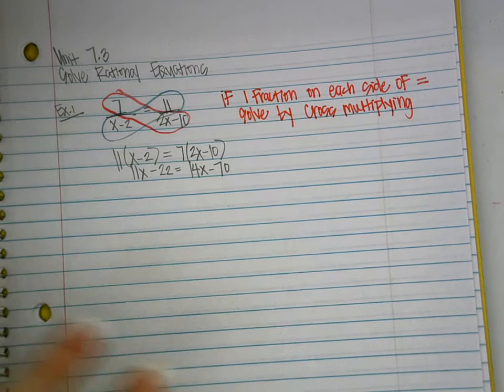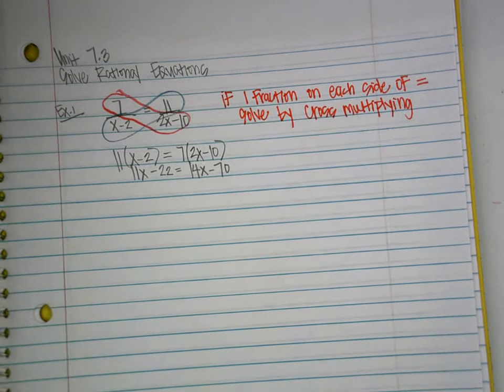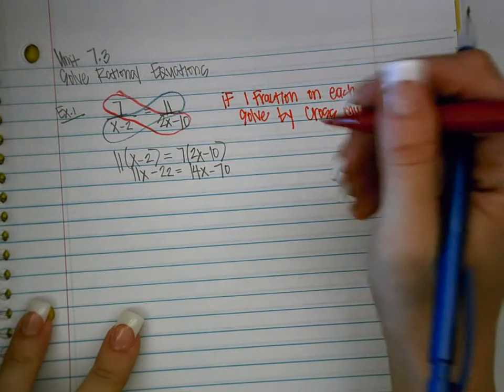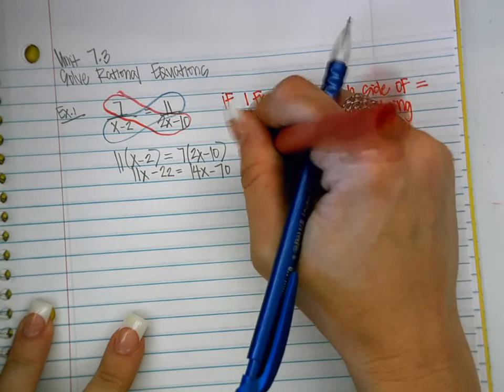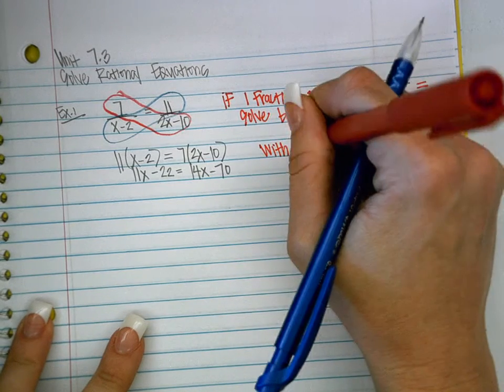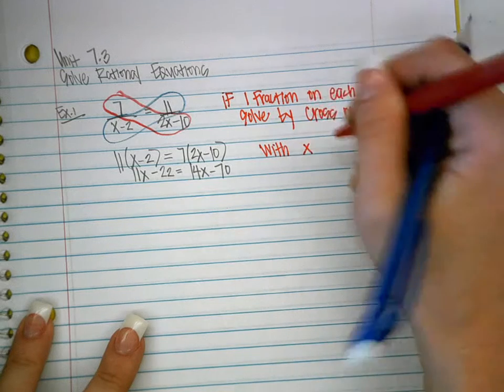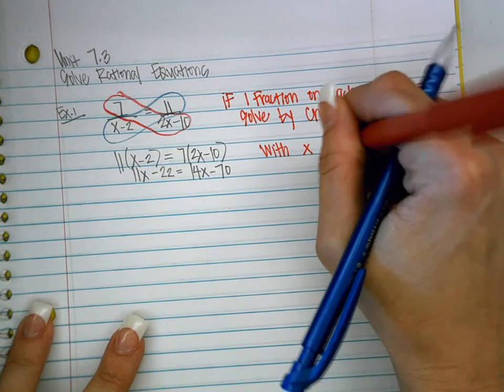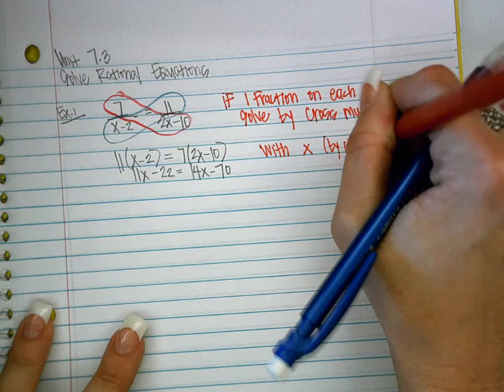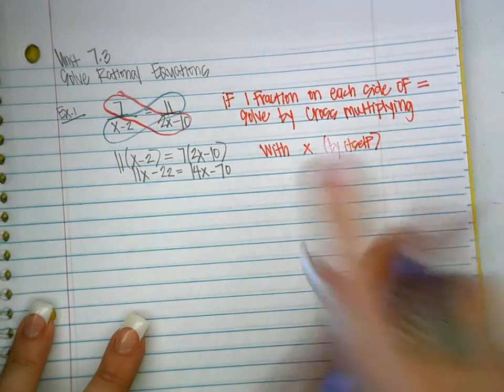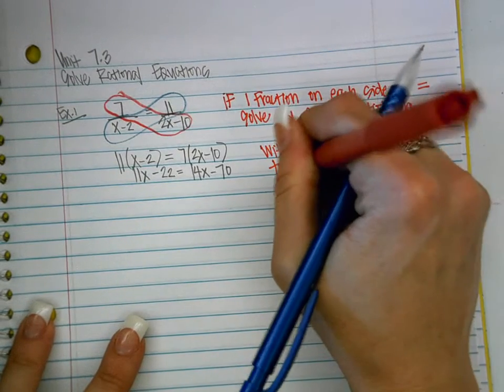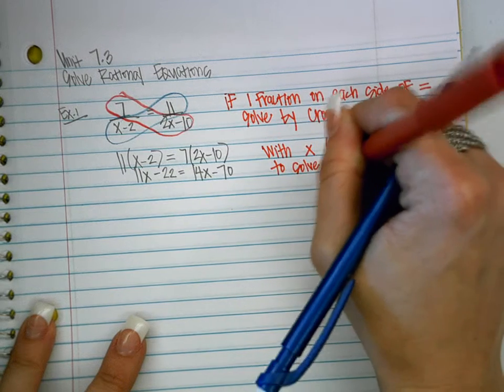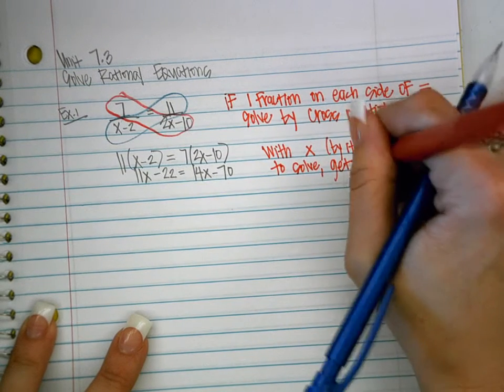Now, a lot of people are having some trouble figuring out how you know when you have to move everything to one side and set it equal to 0, and how you know when you get numbers and letters on opposite sides. Does anyone remember? When you have just x by itself, with x to the first power, no square, to solve, get numbers and letters on opposite sides.